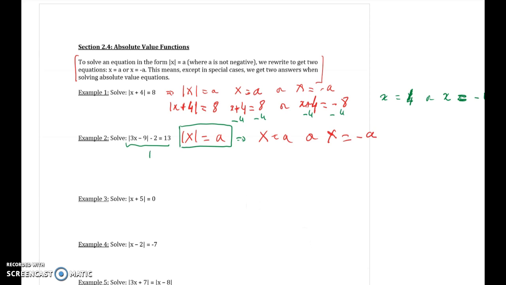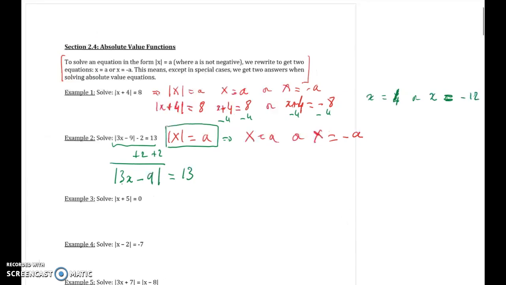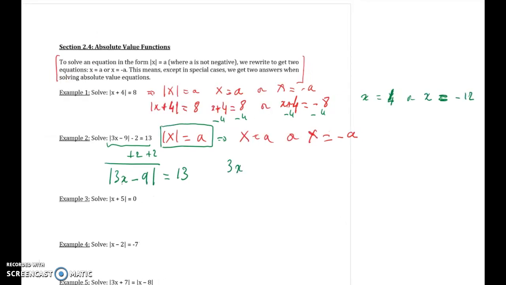So I'm going to add 2 to both sides in order to have the absolute value of 3x minus 9 equal 13. And now I can write 3x minus 9 equal 13, or 3x minus 9 equal negative 13.